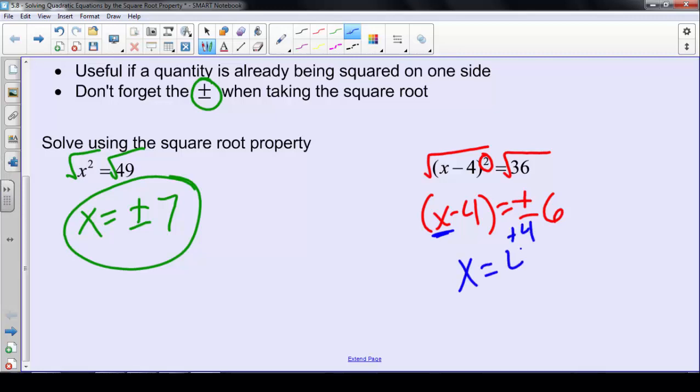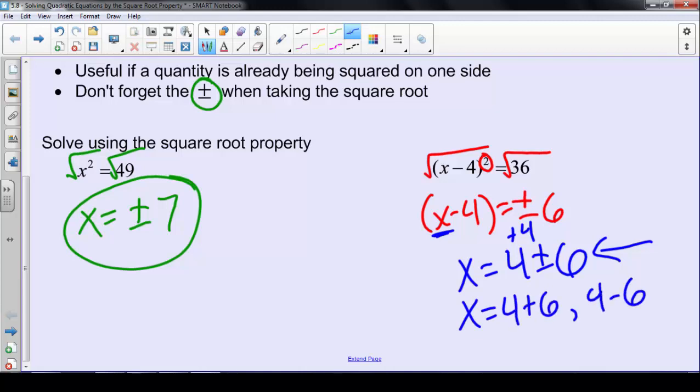And here's where some people mess up. I would recommend writing it like this first and then doing your two answers. So we know that x is either 4 plus 6 or it's 4 minus 6. So we get 10 or negative 2.